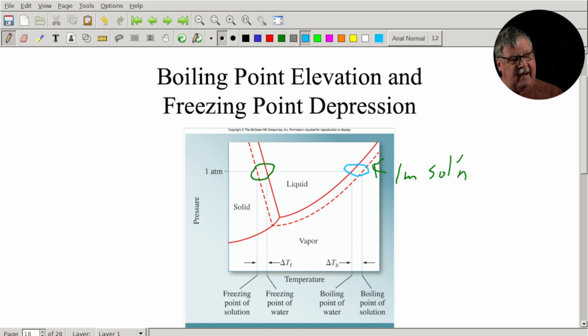What does the phase diagram tell us? The freezing point decreases and the boiling point increases. Exactly. Okay, that's what this is telling us qualitatively. We see that decrease and increase.